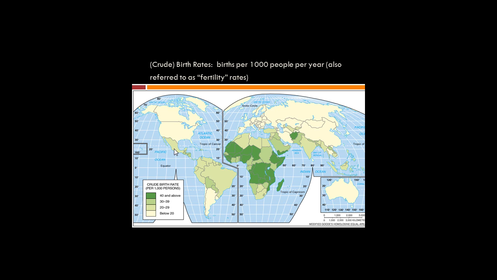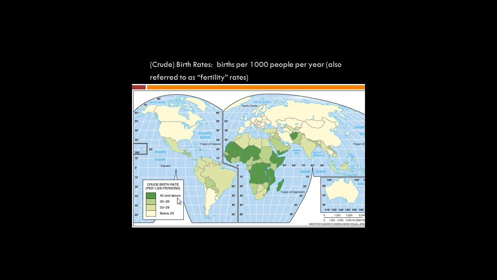Mexico, on the other hand, with a moderate crude birth rate, is likely in the latest part of stage 3, but it's soon to progress to stage 4 of the demographic transition. And some parts of sub-Saharan Africa that are more agricultural and less urban as of the early 21st century are probably in the middle part of stage 3 of the demographic transition, where they still have an exceptionally high crude birth rate.